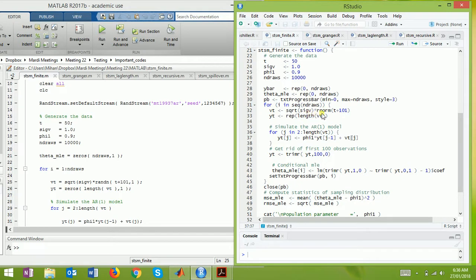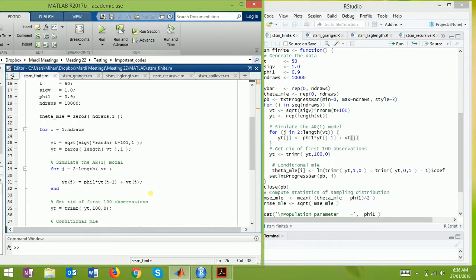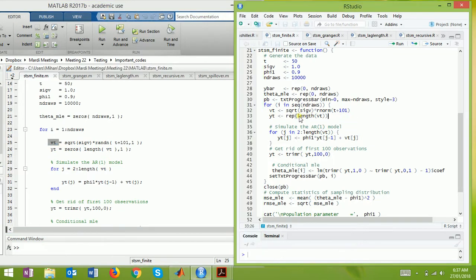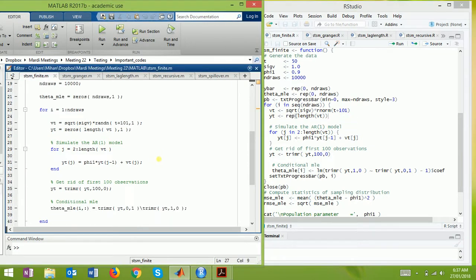Square root of variance multiplied by rnorm of t plus 101, 1 row. Then y is zeros, the length of our residual, length of vt rows and 1 column, because we're going to estimate y with another loop, which will take the size of the residual. So that's all.